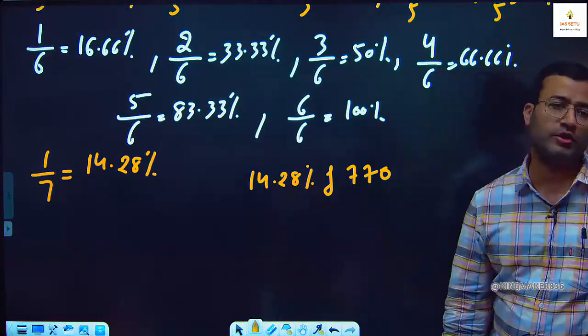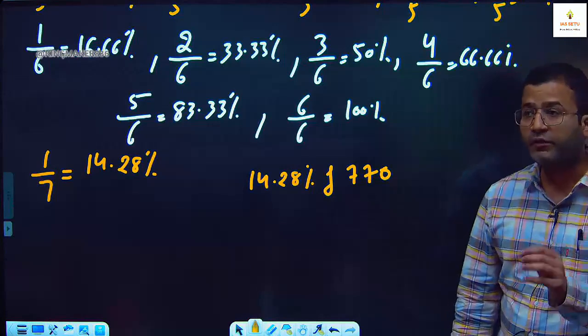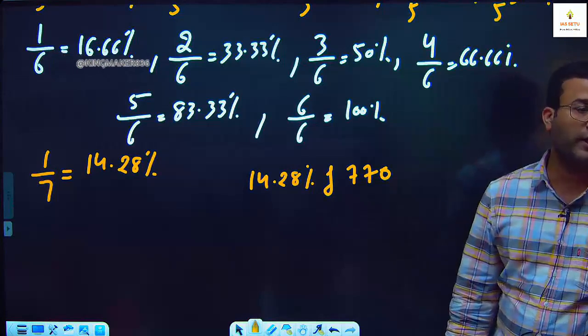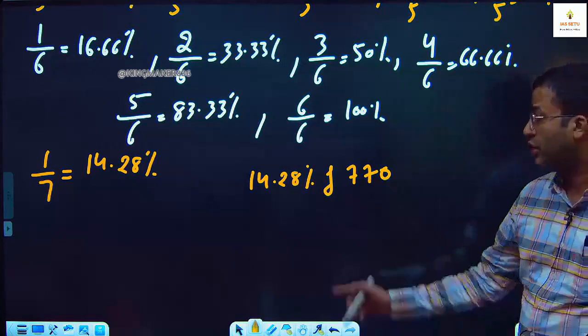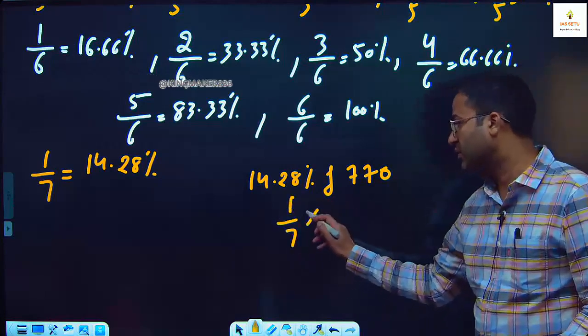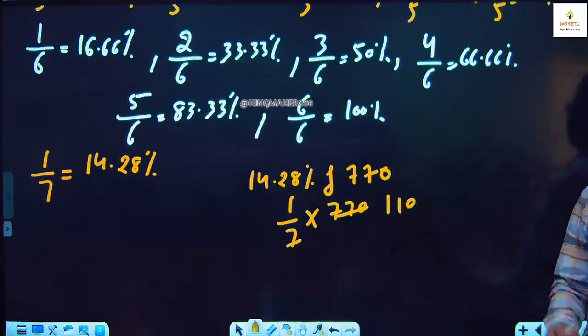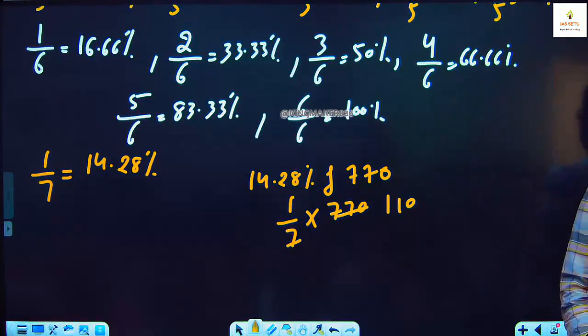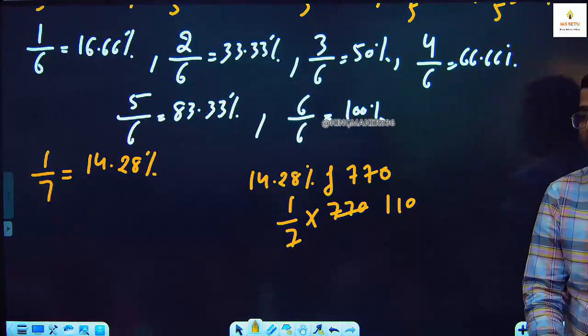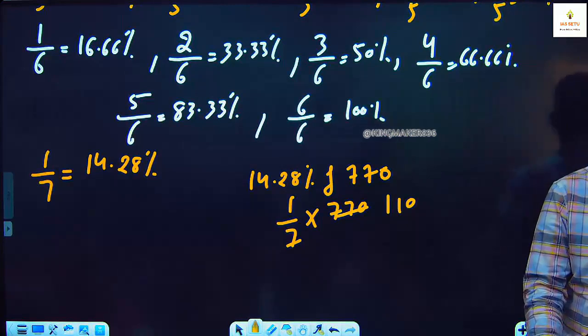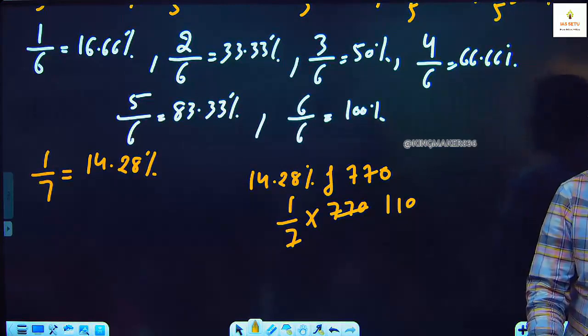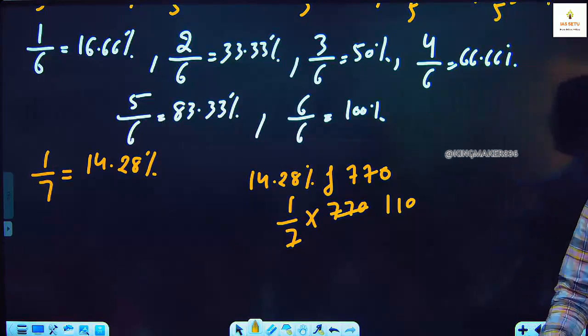It will take more than 1 minute. But what we want to check is whether you know the fraction value of this percentage or not. What is this? 1 by 7 multiplied by 770, you get 110. So there are certain percentage values where we have a fraction value. You have to remember them. These you will have to remember.